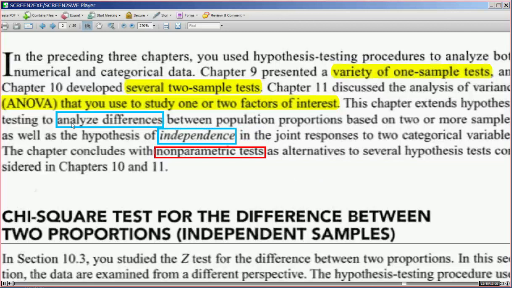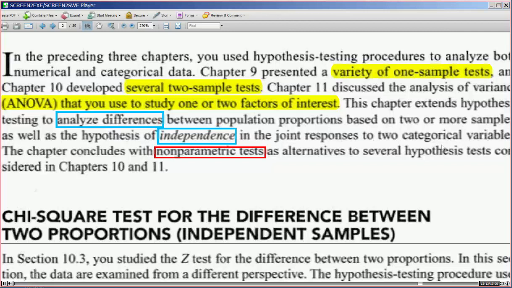So we'll test the differences between population proportions based on two or more samples, as well as the hypothesis of independence in the joint responses to two categorical variables. Joint responses. We'll have to look at this. It's an important keyword to remember, joint. We have joint responses. They will be looking at the whole mix of questionnaires.